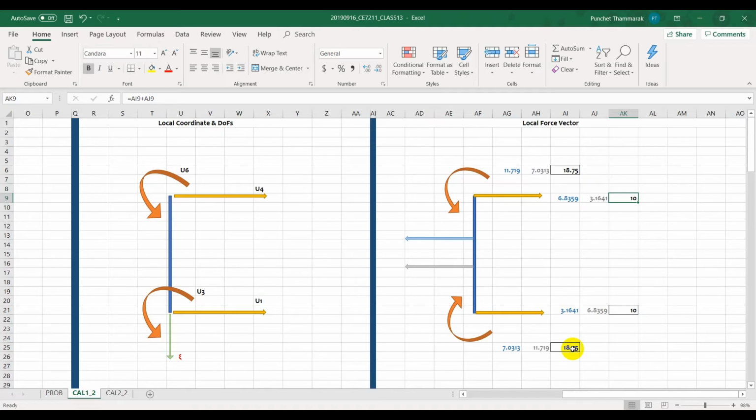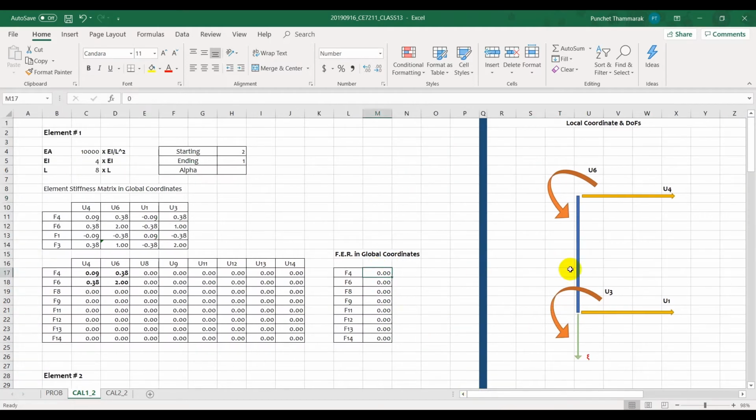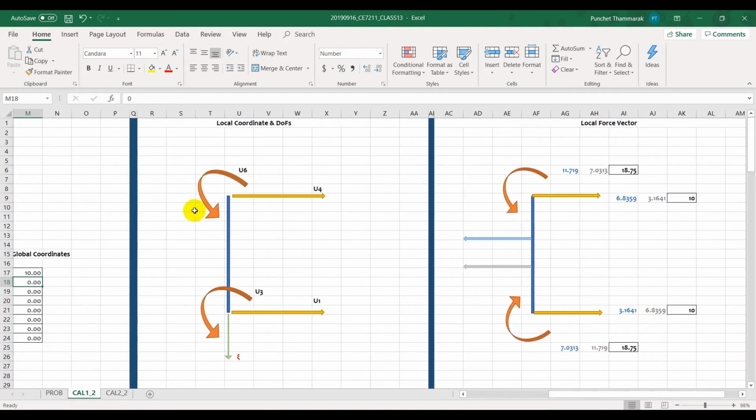18.75 and 18.75. So you know that this is associated with the degree of freedom or with the equation for the F4. Alright, so 10 is to the right and F1, 10 is to the right, but we don't have F1 here, so we just put the 10 for F4, and then the U6 is 18.75 positive, it is counterclockwise, and the U3 is negative.